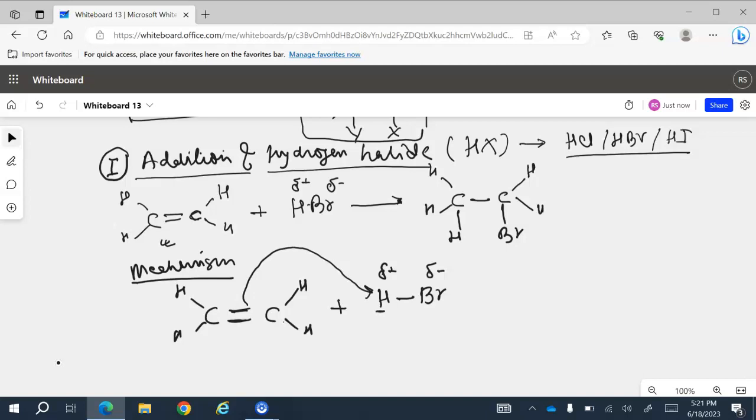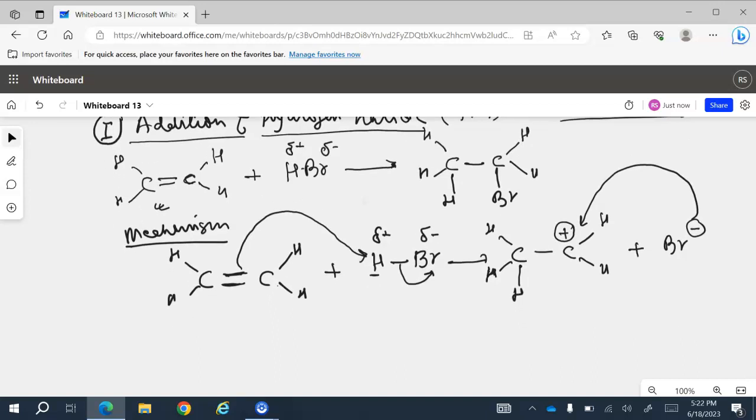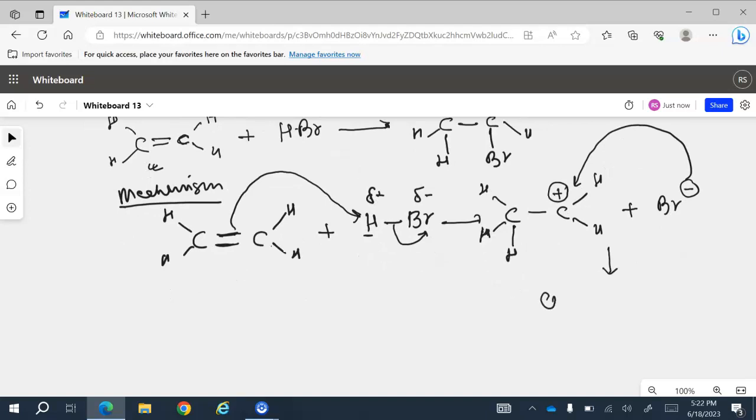Once it grabs this hydrogen, the bromine leaves as a negative ion. Since the pi bond has been used, the carbon-carbon bond converts into a single bond, and hydrogen adds to one of the carbons, either carbon. In this case, let us add it on the first carbon, so that the second carbon generates a positive charge, a carbocation. Now Br minus as a nucleophile will attack the second carbon, and the result is CH3CH2 with bromine added.